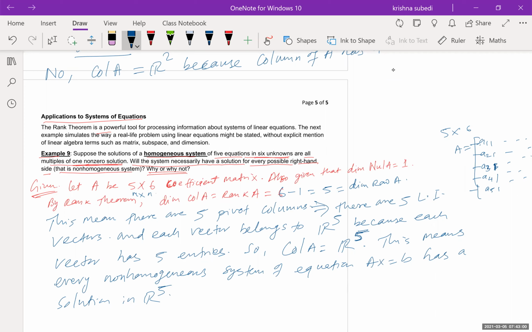So you have those 5 linearly independent vectors. That means they will span, they will generate the whole space. That means every solution will be there.